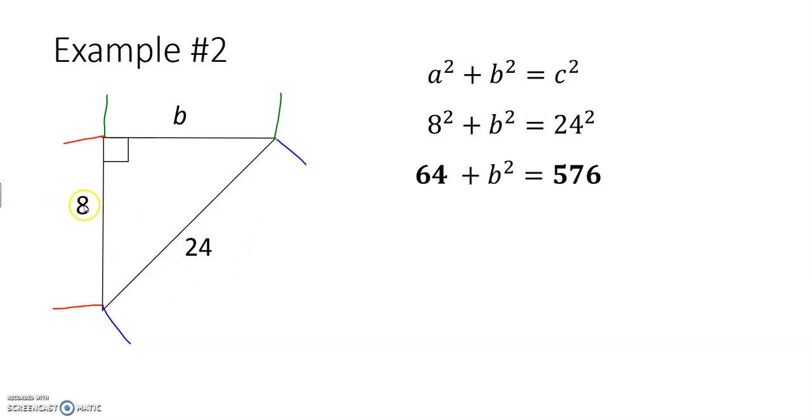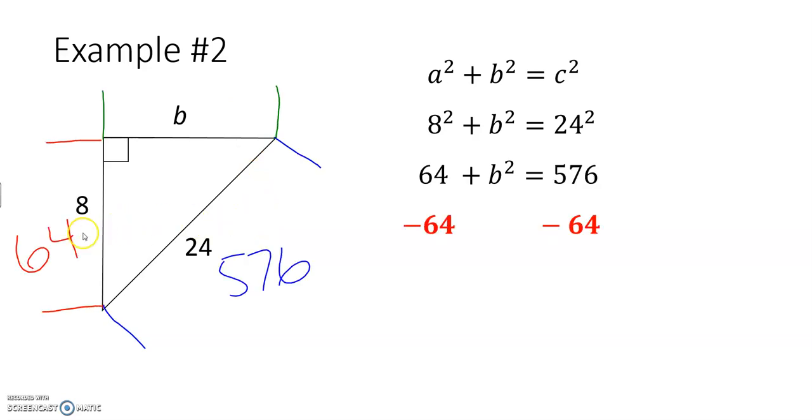And if we add 64 to 576, we're going to get an even bigger area. So what we're going to actually do here is subtract. We basically need to take 64 starbursts out of this 576, and whatever that remaining amount is, that's the area of this square over here.